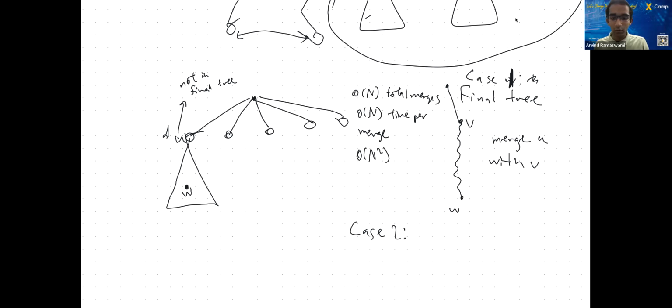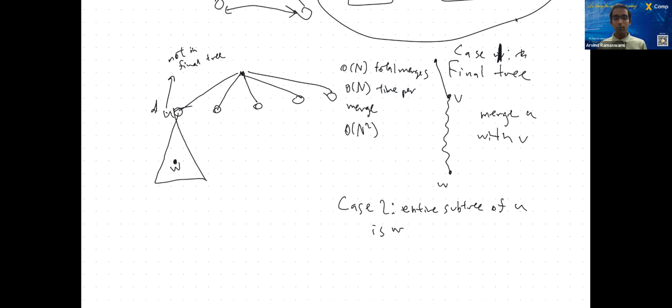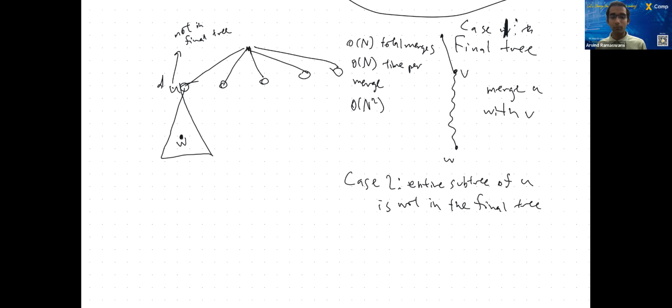Case two, there's no entire subtree of U that is in the final tree. So if we have this case, then we need to destroy U's subtree.